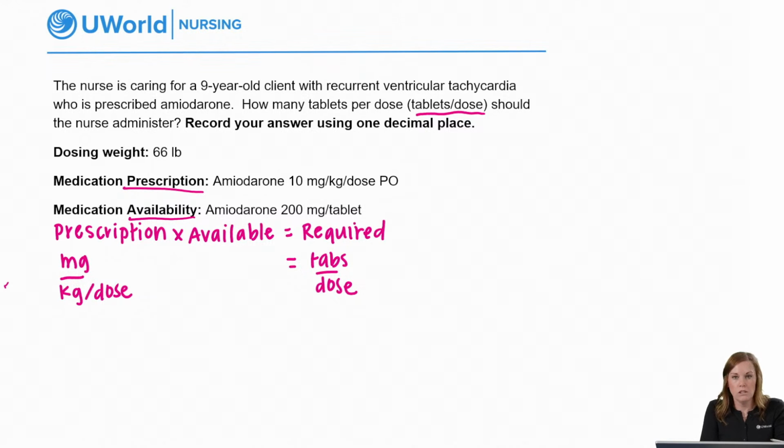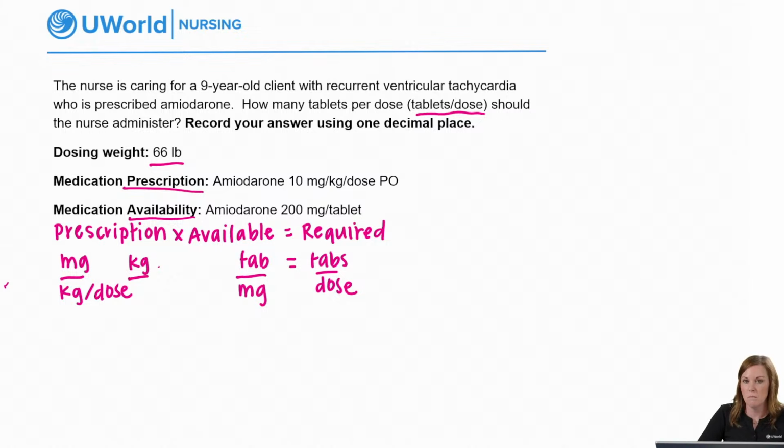So we want to make sure that when we put in this available, we flip that preparation. So we're going to say tablets here for what's available over milligrams. Okay, so then we need to incorporate in our weight, so it cancels out and it's part of the equation. We know that our client is in pounds, but we need to convert to kilograms.